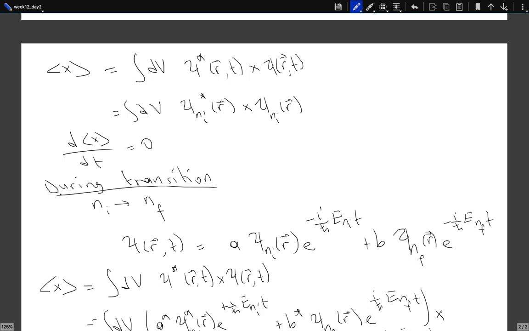So when there is no transition, it doesn't emit, basically because the expectation value of the position of the electron is fixed. During the transition, it emits electromagnetic radiation because essentially the expectation value of the position is oscillating with the frequency of the emitted photon.